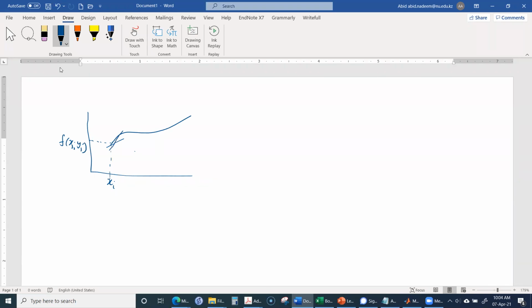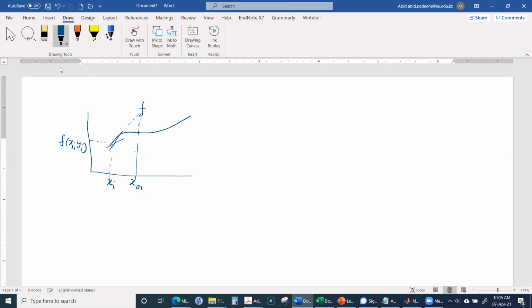That slope will determine the next point on the curve, and that next point on the curve will be the estimate. So the point on that slope line will be considered as the point on the curve.